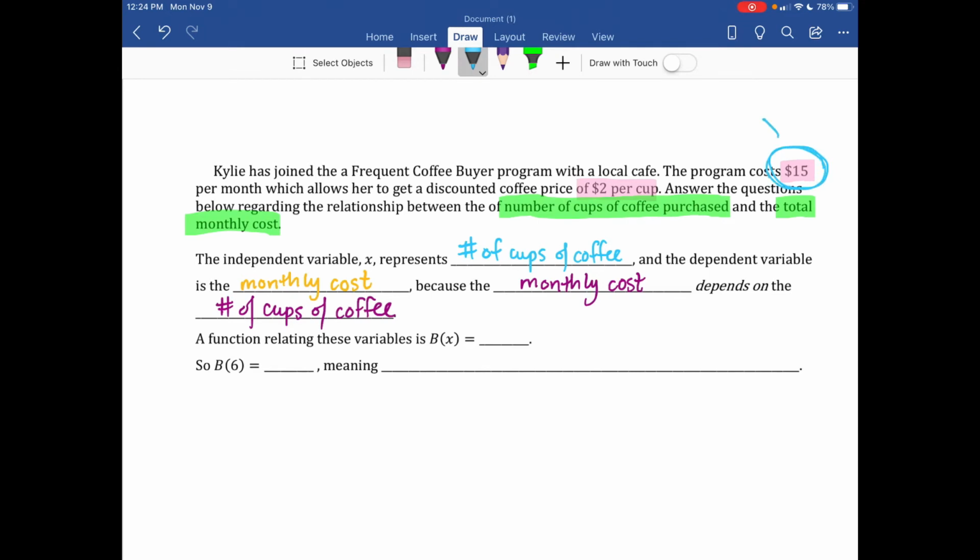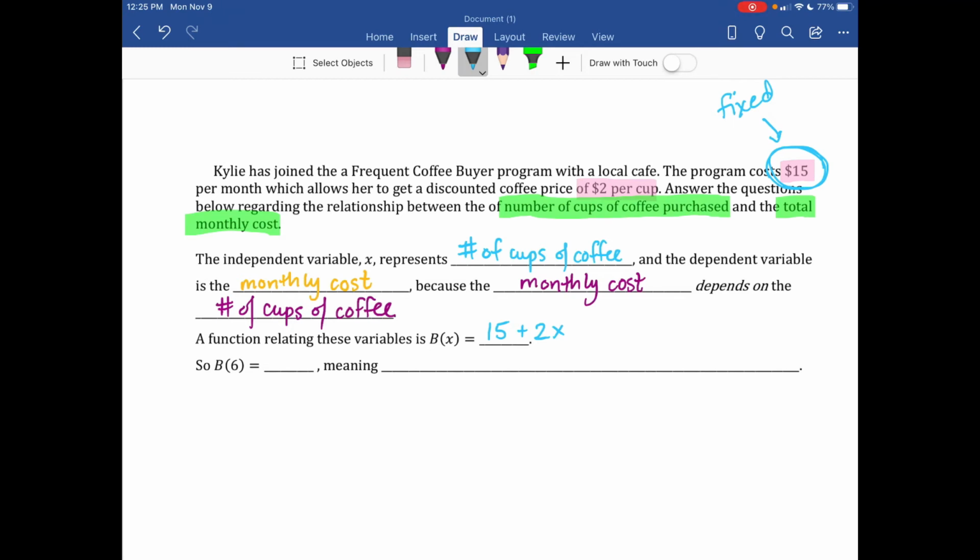Here is the one thing that is a little bit different in this problem: we have this fixed cost of $15. It doesn't matter if we purchase any cups of coffee, every month we pay that flat price of $15. So that's going to factor into our function b of x. We would say b of x equals 15 plus 2 times x, keeping in mind that x represents the number of cups of coffee that we purchase.